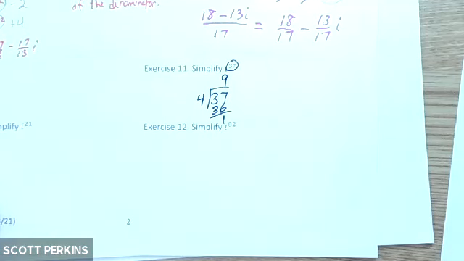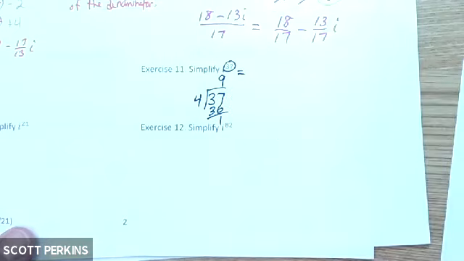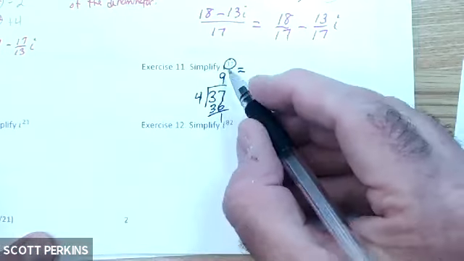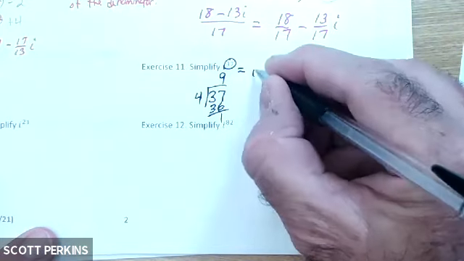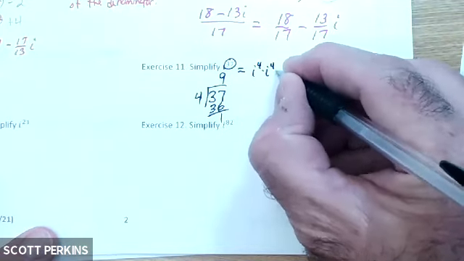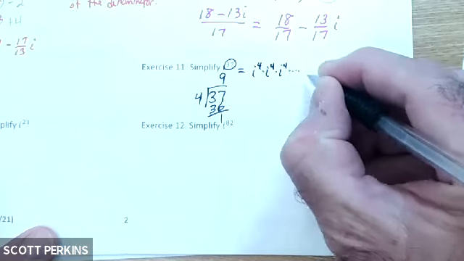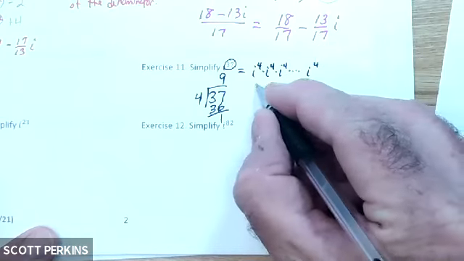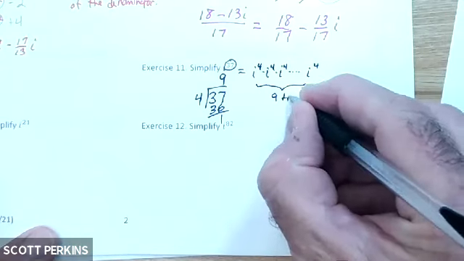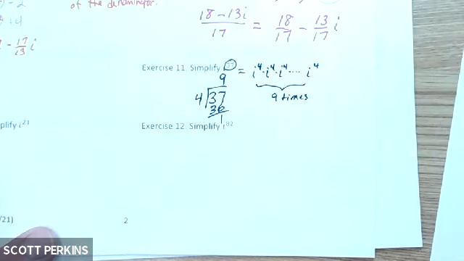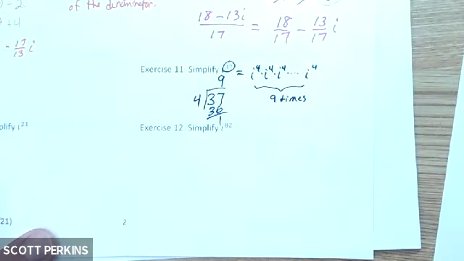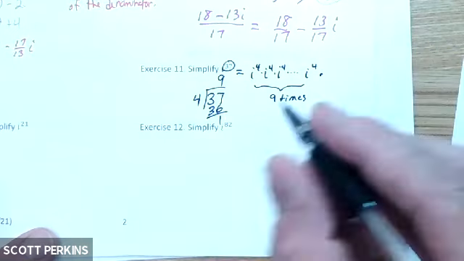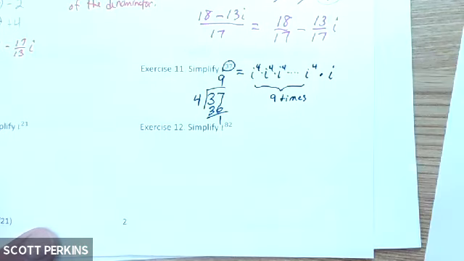I'm not going to list it all out, but I want you to understand what's going on and not just mimic what I'm doing. What that means is i to the 37th would be i to the 4th 9 times. I don't really have the patience to write it all 9 times. So i to the 37th is i to the 4th 9 times, and then the remainder is 1, so I have an i to the 1st power on the end.